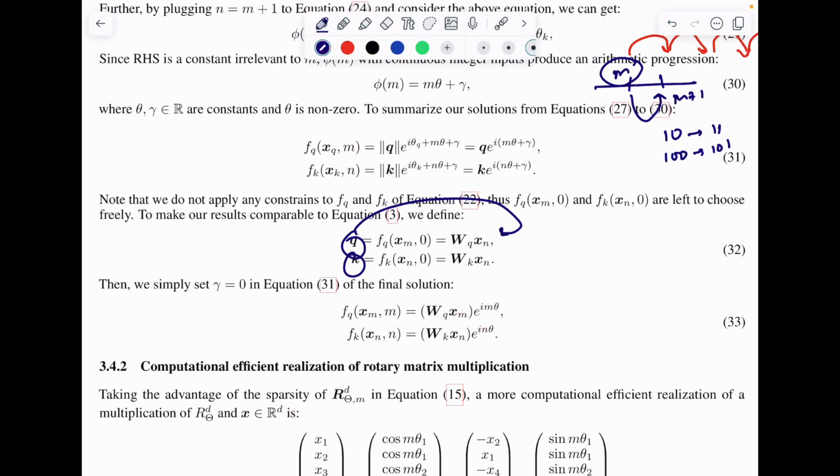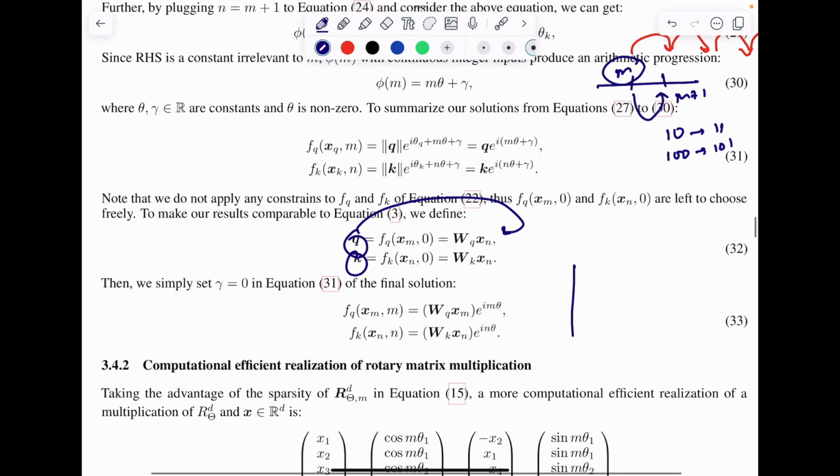So let's draw it a little bit. Let's say you had a vector like this. The magnitude of this vector is given by wq xm, and the angle is, let's say, given by theta. Now this is at, let's say, the 0th position.